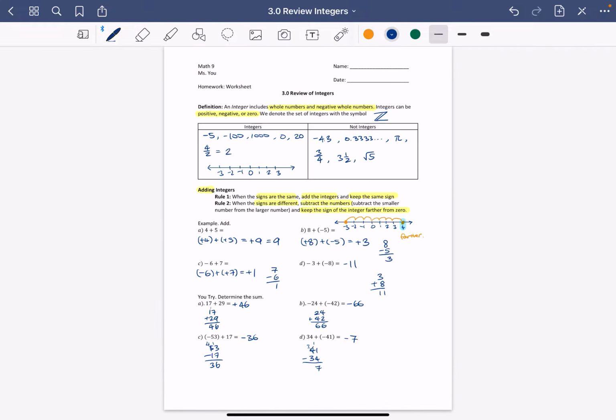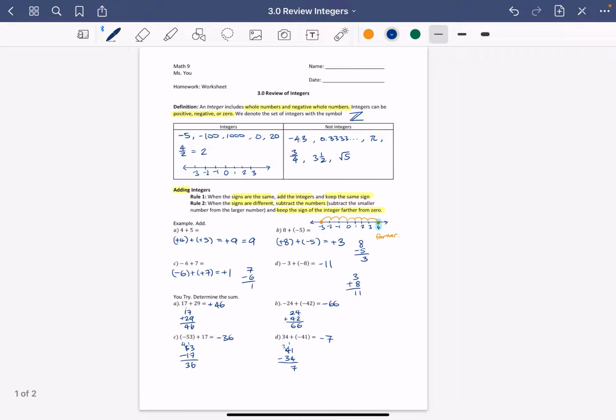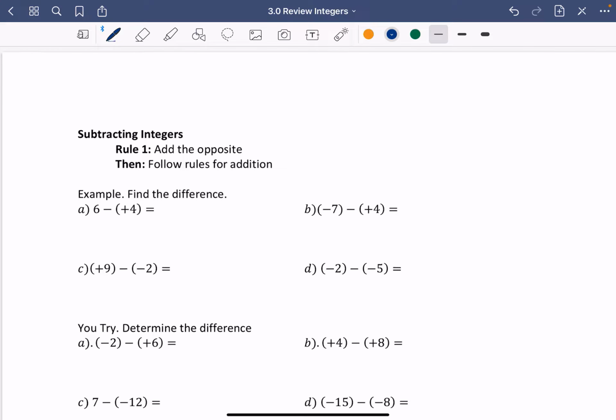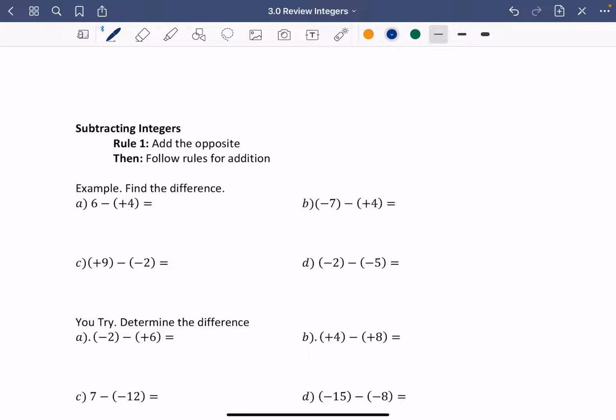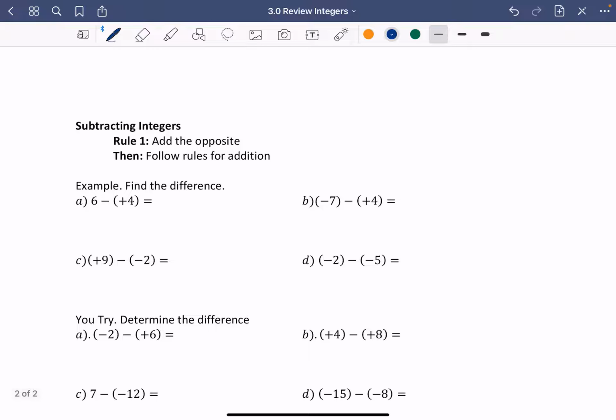Okay, so that's addition. And now let's move on to subtracting integers. To subtract integers, one of the methods you can use is to add the opposite. Okay, so let's see what it means.